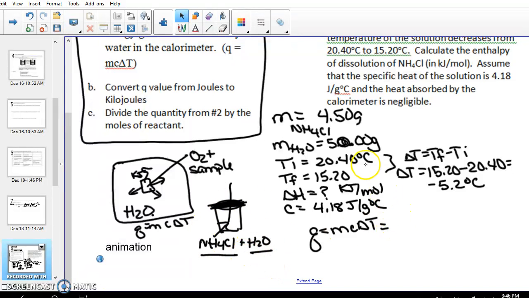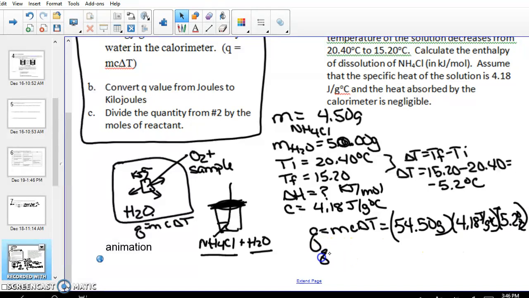So my mass here is not going to be 50, it's going to be 54.50 grams. I know my specific heat is 4.18 joules per gram degree Celsius, and I already calculated my change in temperature, which is negative 5.2 degrees Celsius.